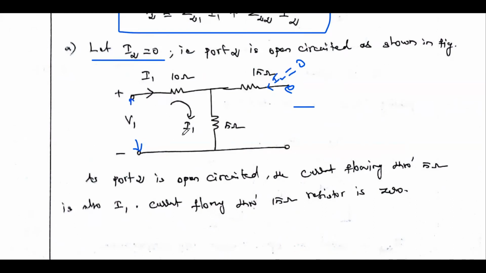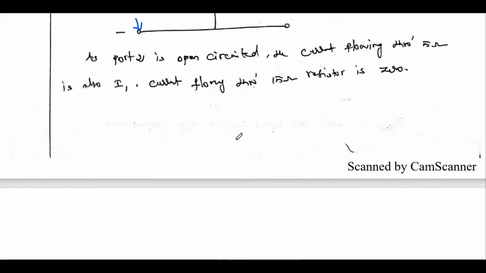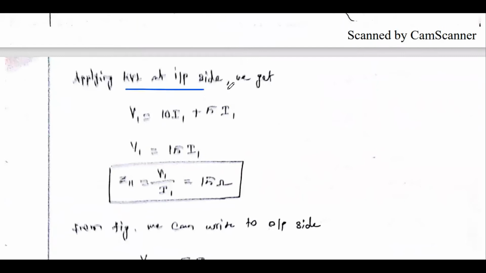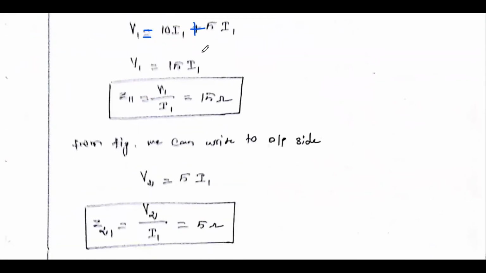V1 equals I1 into 10 plus I1 into 5, so 10 I1 plus 5 I1, 15 I1. So V1 equals 15 I1.